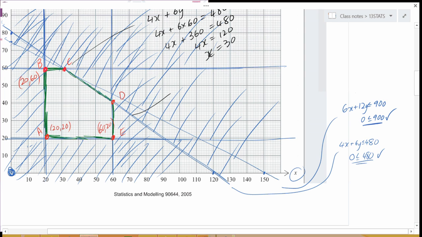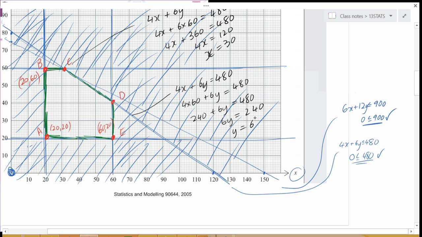I have 4x plus 6y equals 480, and I'm going to put 60 in for x, so 4 times 60 plus 6y equals 480, so that's 240 plus 6y equals 480, so 6y equals 240, divide both sides by 6, so y equals 60.